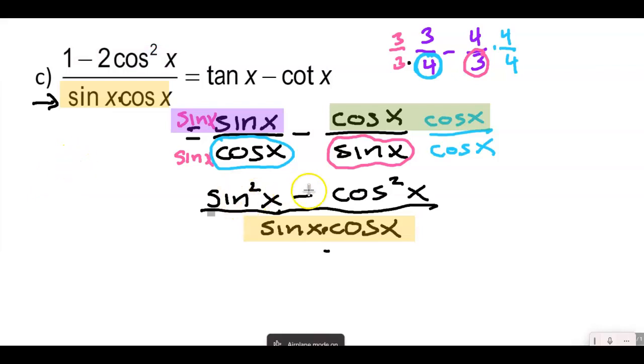So again, if I'm not sure what to do next, I'm looking at what my goal is. My goal is to have 2 cosine squared. I need 2 cosine squared, right? I need 2 of them. Notice how there is no sine squared here at all. But what I have so far does have a sine squared. My goal is to not have sine squared. So maybe I can substitute out sine squared for something and put something in its place, because my final answer doesn't have a sine squared.